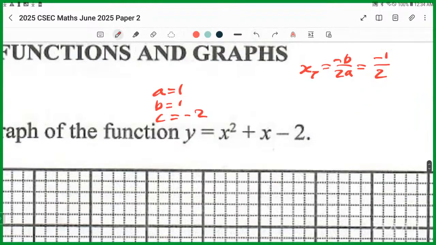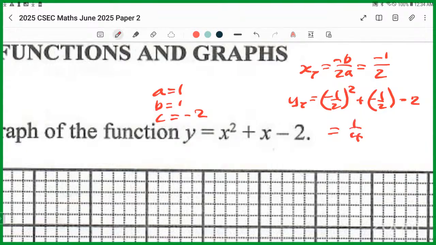So the yt would be (-1/2) squared plus -1/2, and then minus 2. This works out to be a quarter minus, half is the same as 2/4, minus 2 which is the same as 8/4.